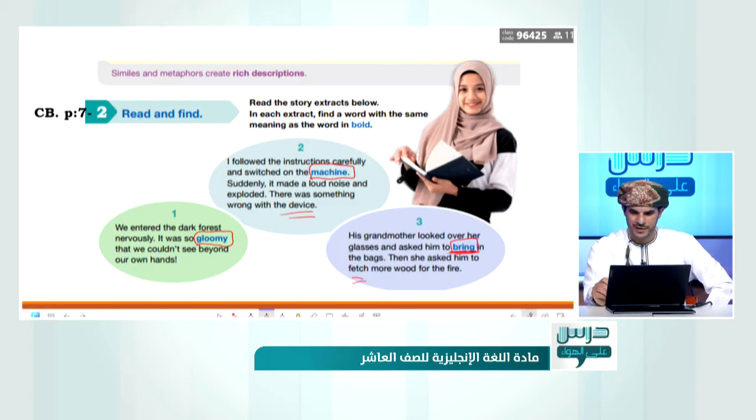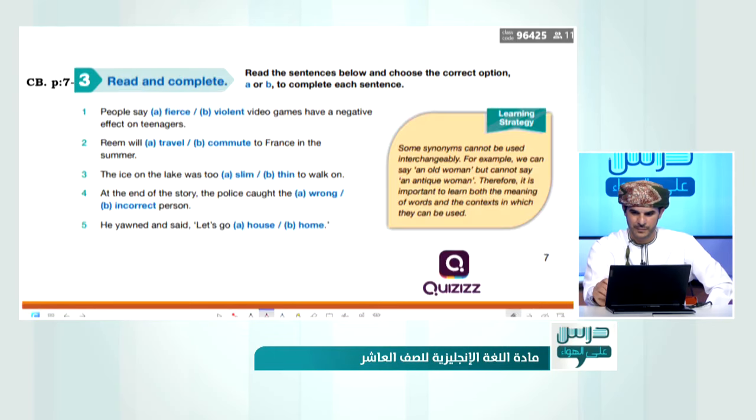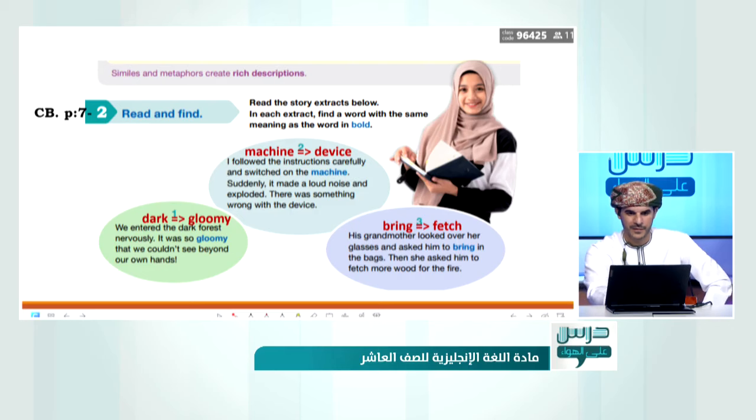And the answers as you wrote them here. So machine is a device, equal to device. Gloomy, dark, cannot see, so dark, it's here. Fetch, the same meaning as bring. Okay, well done.